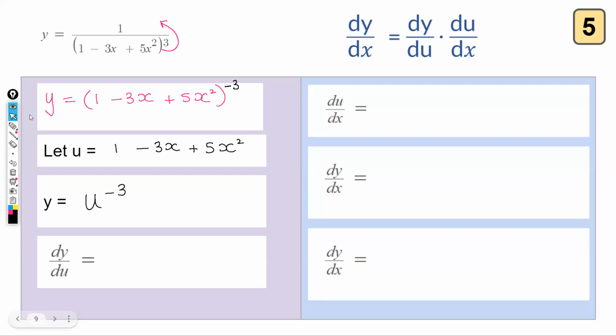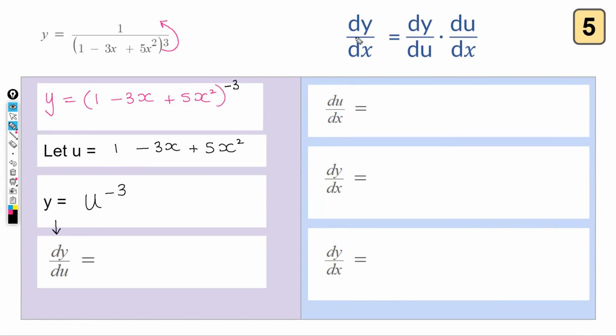So we have two expressions, one with the letter u and x's, and the other one with y and the letter u. If we differentiate y and u, we will get what? dy du.